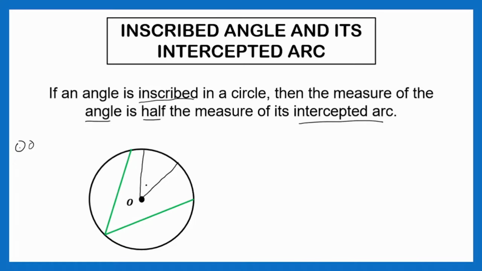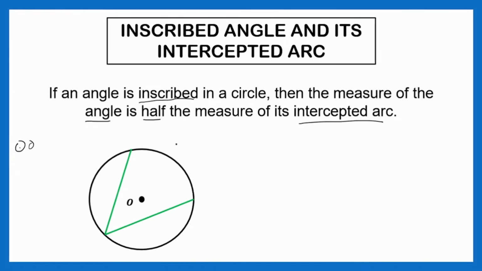Kaya siya tinawag na central angle. Since we're talking about inscribed angle, ang vertex niya ay mismong point sa circle, on the circle. I hope you know how to differentiate central angle from inscribed angle. Inscribed angle, yung vertex ay on the circle.